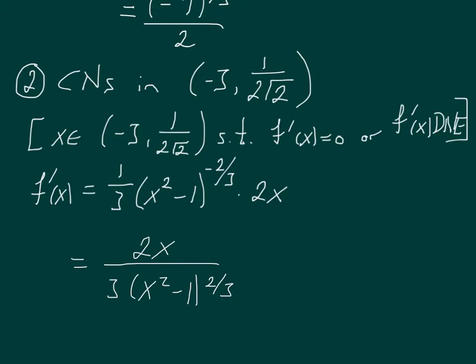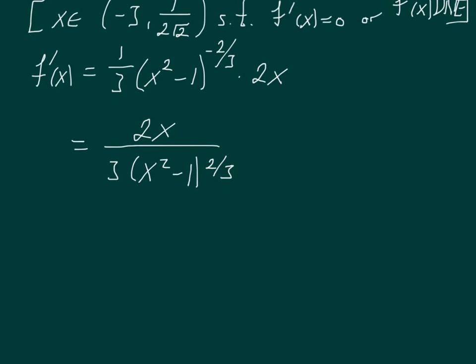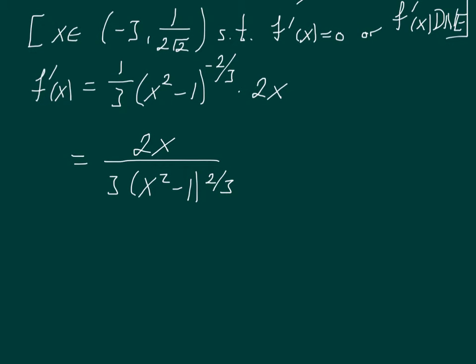All right, so when is f prime of x equal to 0, and when does it not exist? This fraction equals 0 exactly when the numerator is 0, which is to say exactly when 2x is 0, and that happens when x is 0.